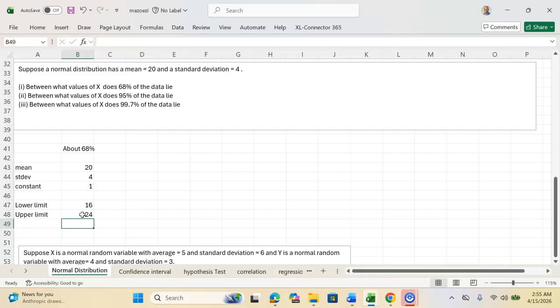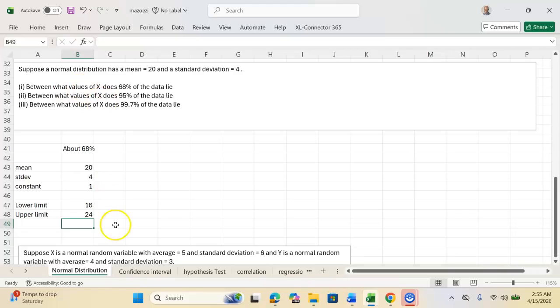So to respond to the first question, we can say that between 16 and 24 values of x, we can find 68% of the data, or about 68% of the data will lie between 16 and 24.